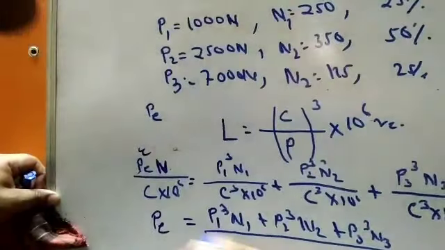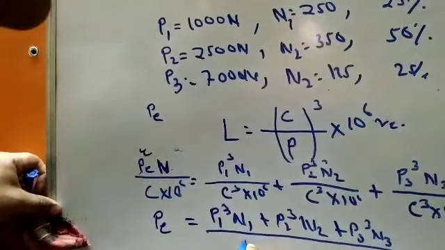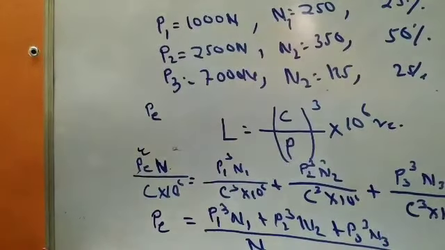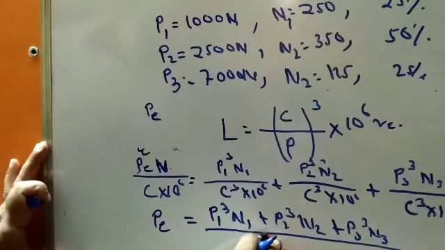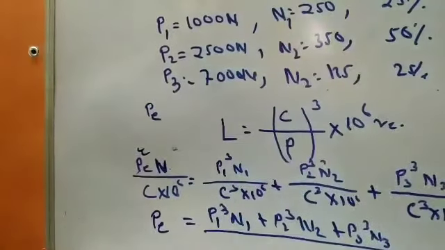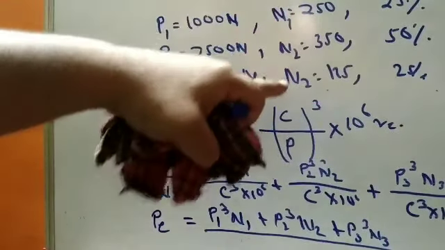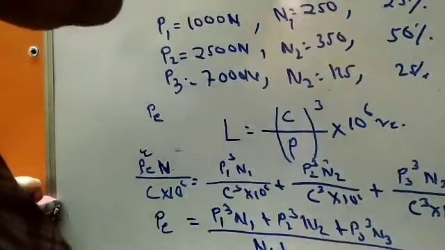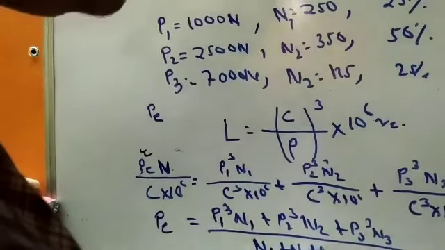Now what is this N basically? This N takes place for different values, because N is equal to N1 plus N2 plus N3. So we write this for different values of N1 plus N2 plus N3.